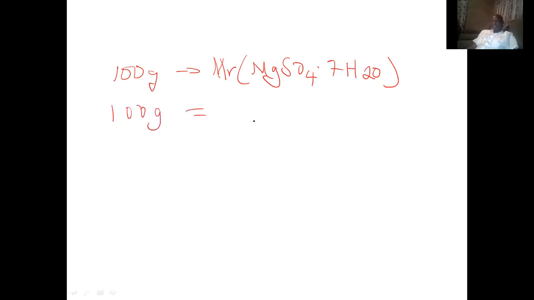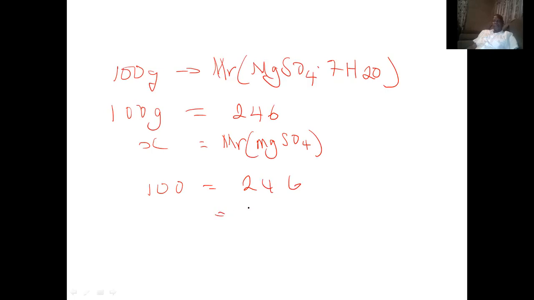Its mass, so 100 grams, gives us actually 246. And so what would be X, the relative molecular mass for magnesium sulfate alone when all the water has been driven off. And so we're going to have 100 is equal to 246.